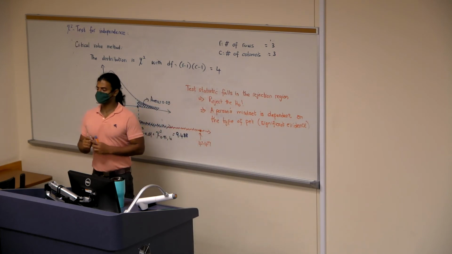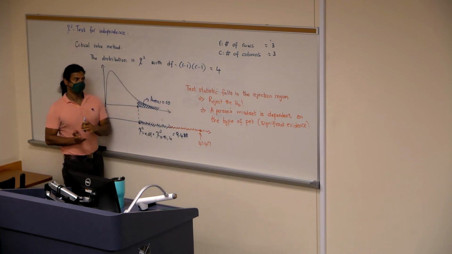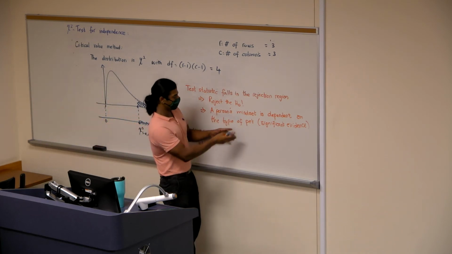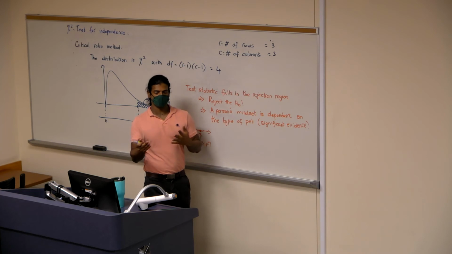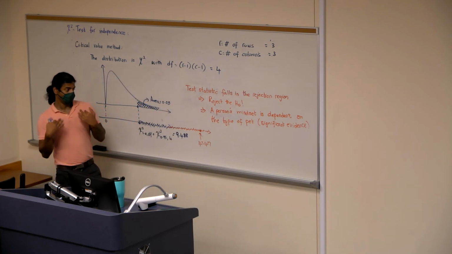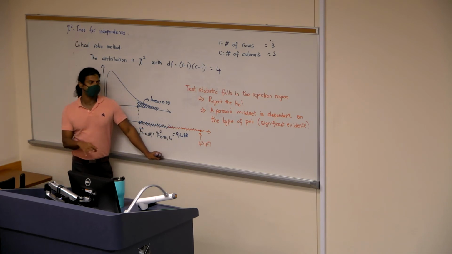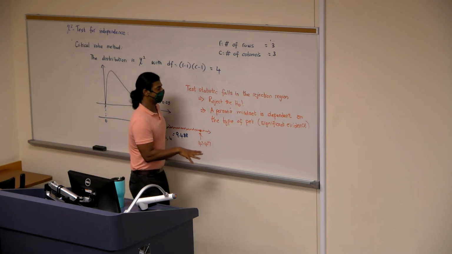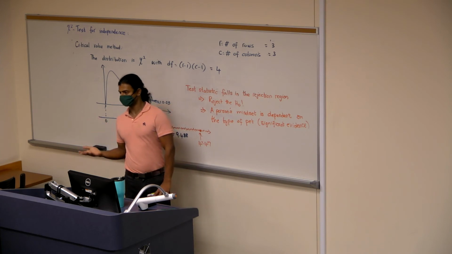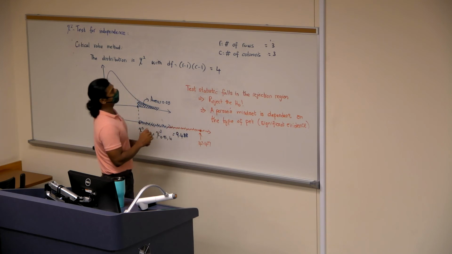We found significant evidence toward that statement, but that doesn't imply one resulted in the other. In other words, this is not a cause and effect relationship or conclusion. All we are saying is, based on the data that we have, we found significant evidence to indicate that a person's mindset is dependent on the type of pet they have. Does that make sense? How do we find the p-value?